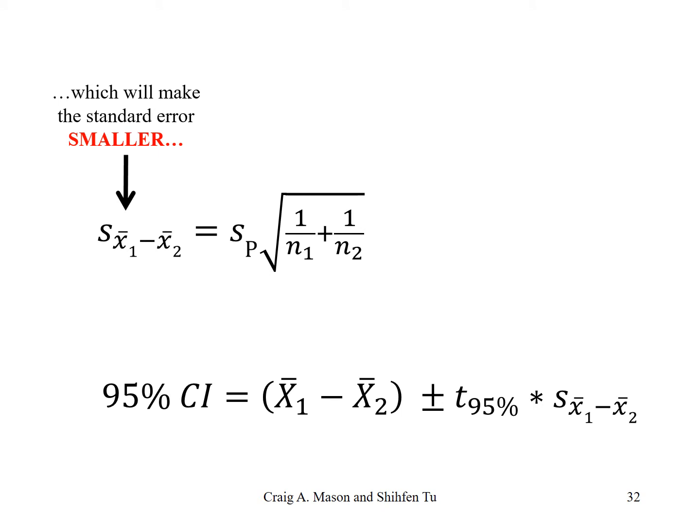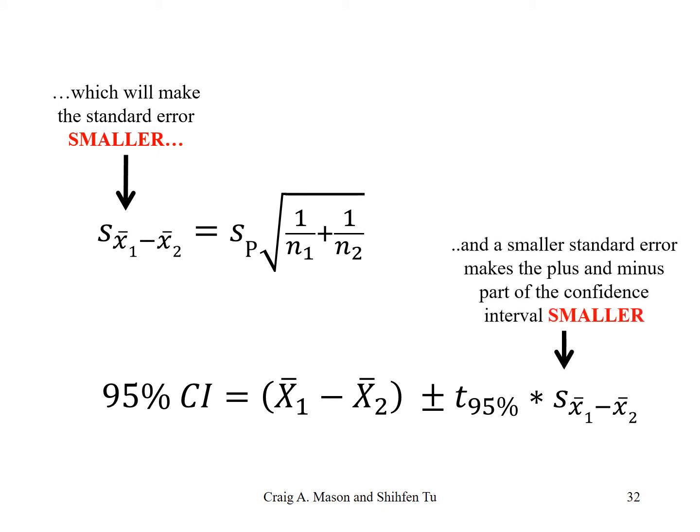With a smaller standard error, the confidence interval gets smaller. Later, we'll see how this is very important in helping researchers determine how large of a sample is needed for a study. Okay, now let's summarize the study and the results.